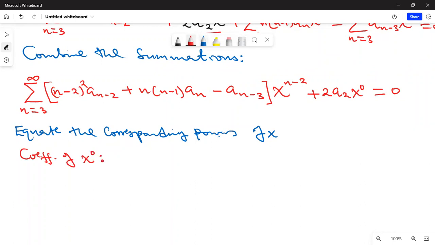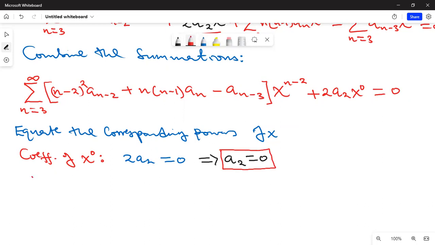On the left, we have 2a2. On the right is equals to 0. So from here, it simply means that when I solve for a2, a2 should be equal to 0. So that's what we have found, as the value of a2 is very important.